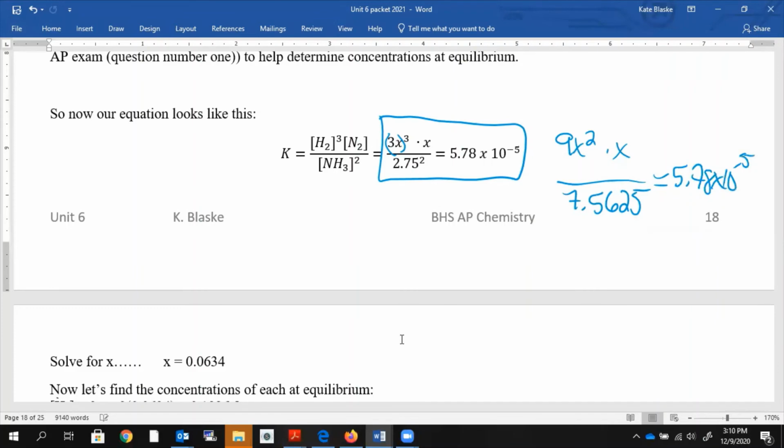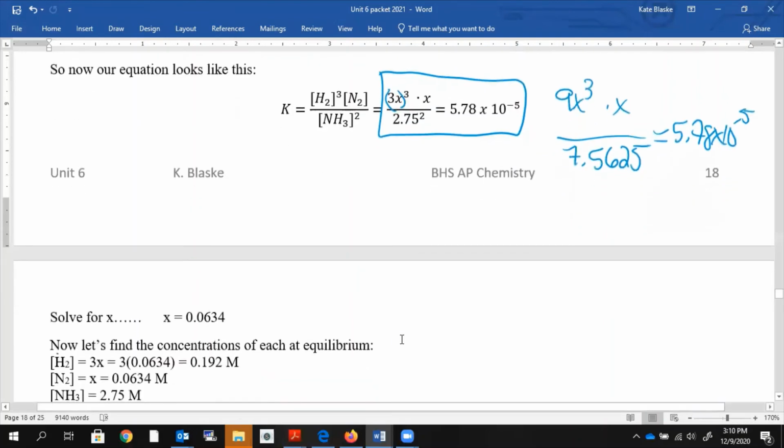Now we can rearrange that, this says squared, it should say cubed. We can rearrange that equation using some algebra to solve for x.